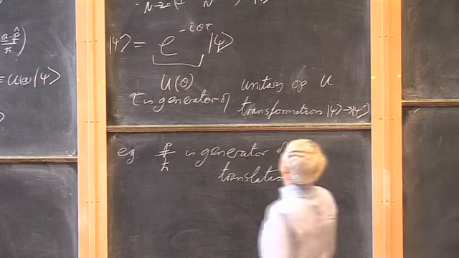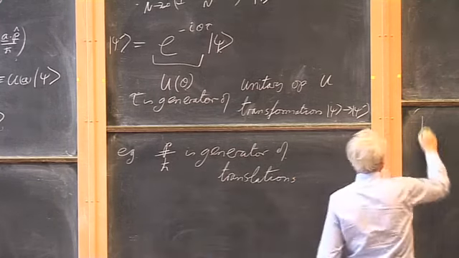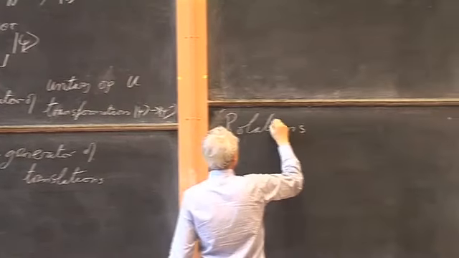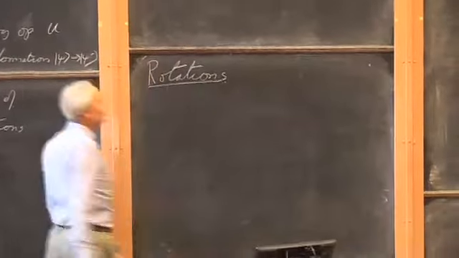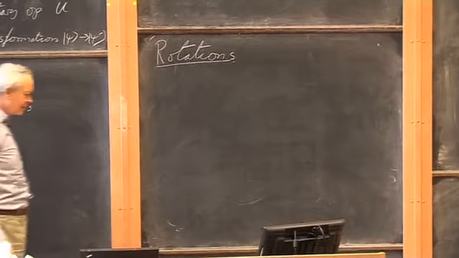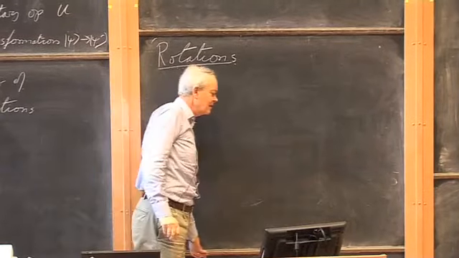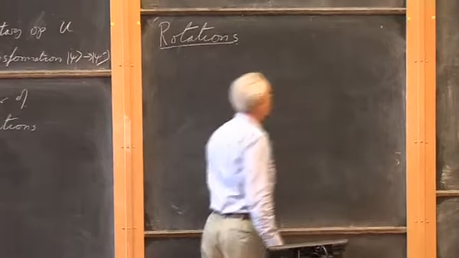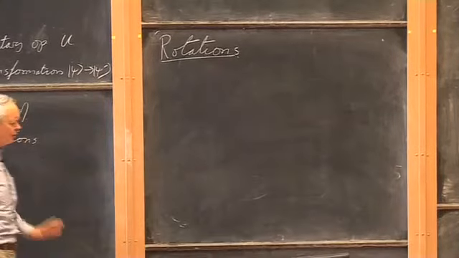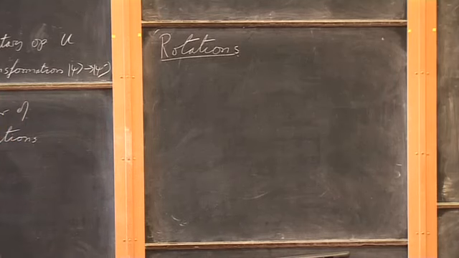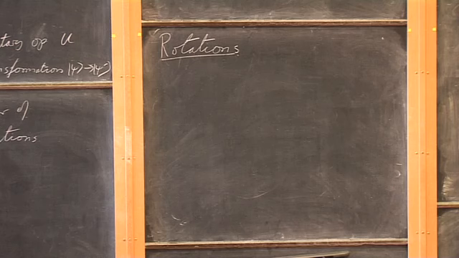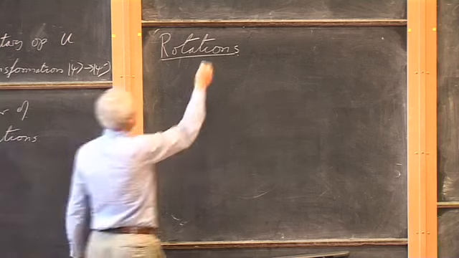So now let's think about, time to move to a new board, think about rotations. This is where it becomes slightly more interesting because we will discover that in quantum mechanics, rotations seem rather more complicated. They are actually significantly different, or quite amazingly different from rotations in classical physics, and I think this is not fully understood even now.